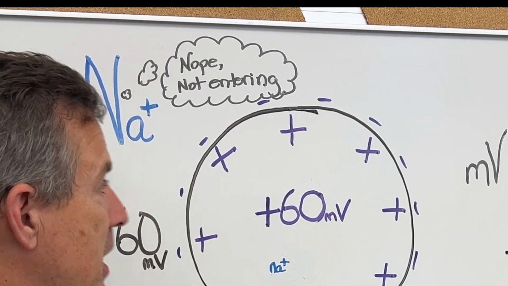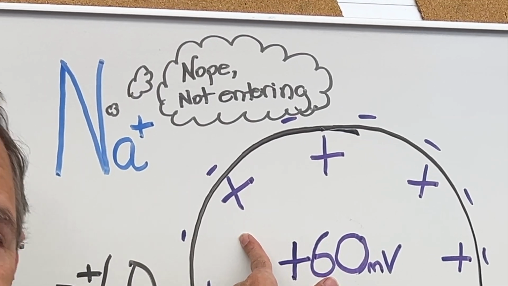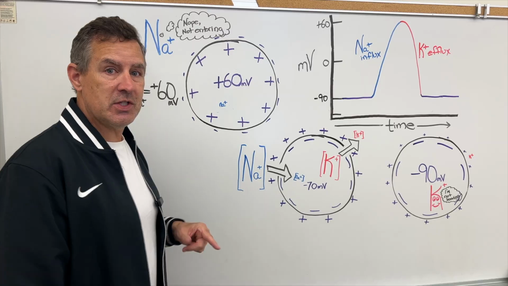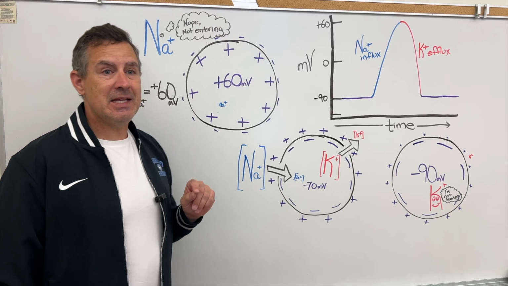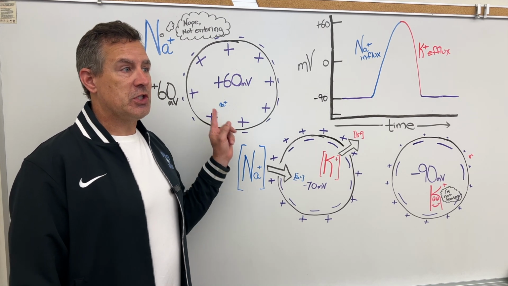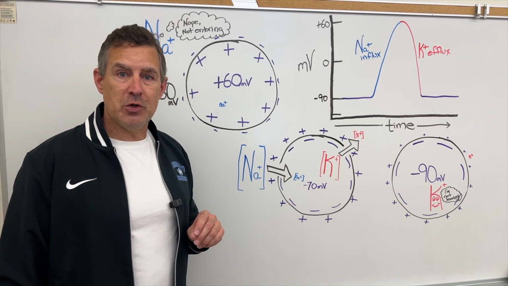I have no desire to be around that large positive charge in the cell because sodium is positive and the interior of the cell now is super positive. This is even the other condition that I failed to mention, that there are still plenty of channels open for sodium to move into the cell.